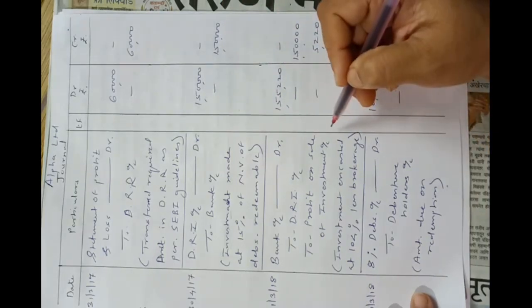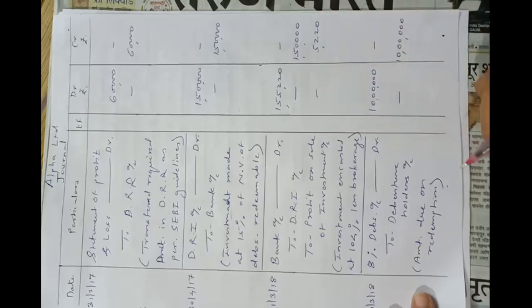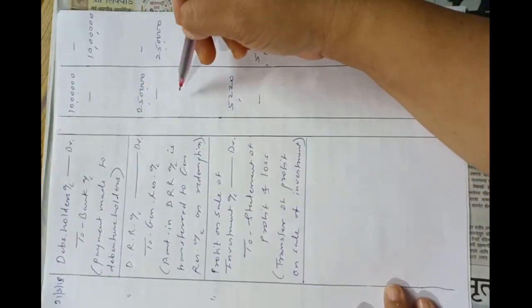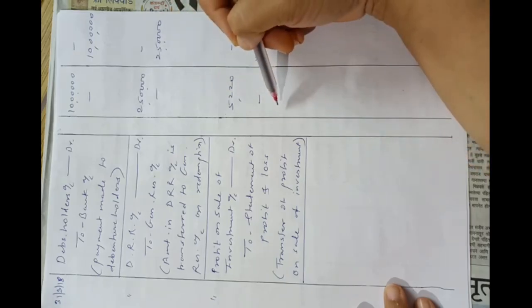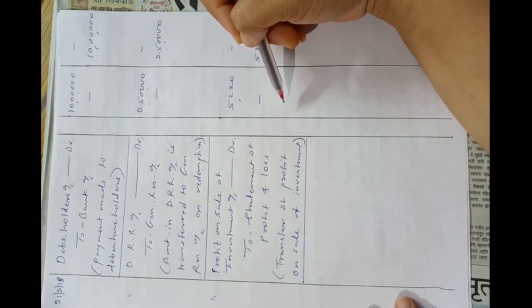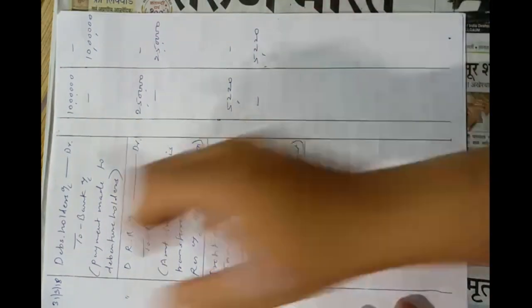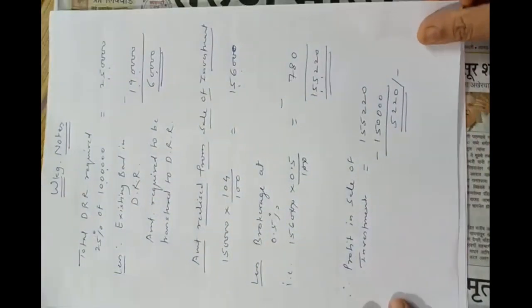This entry is of debenture redemption investment encashed, that is sold. Then amount due on redemption to the debenture holders, and amount paid to the debenture holders. This entry is of transferring DRR to general reserve account, and this entry is of transferring the profit on sale of investment to statement of profit and loss. In this way we have to pass these entries and prepare the working note similarly below the problem.